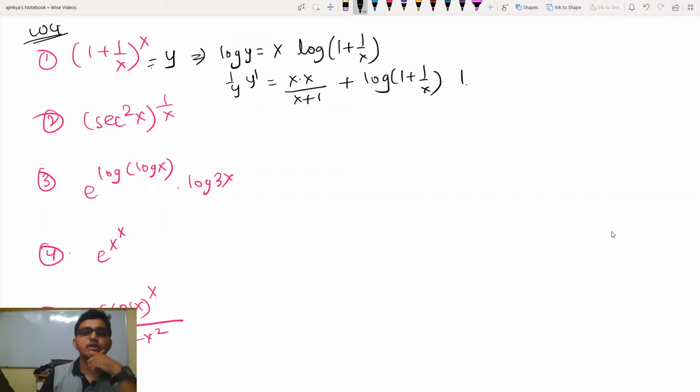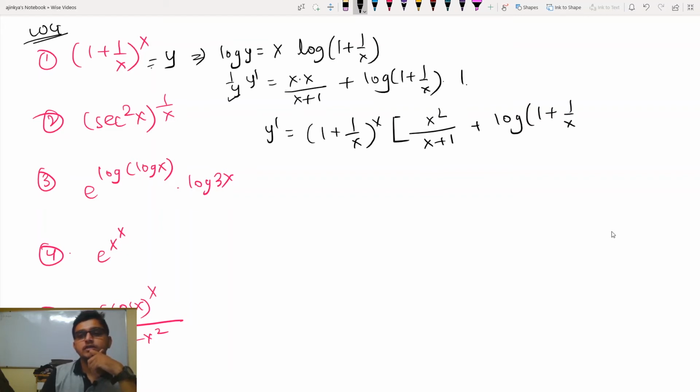So you have x square upon x plus 1 plus log of 1 plus 1 upon x, and this is your final answer. Y dash will be, you have to multiply y on both sides since you have y over here. So y is nothing but 1 plus 1 upon x raised to x times x square upon x plus 1 plus log of 1 plus 1 upon x. So this is your final answer.